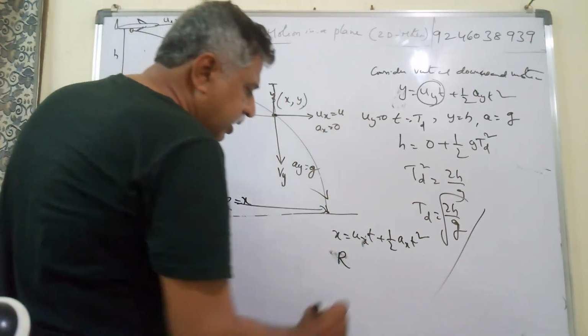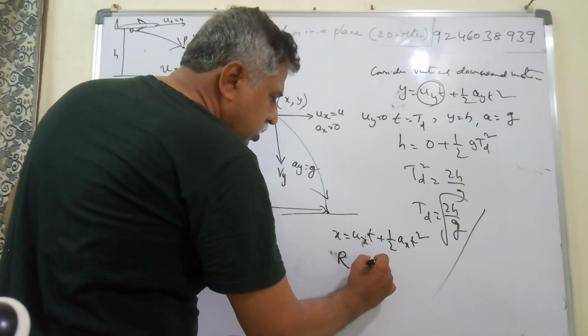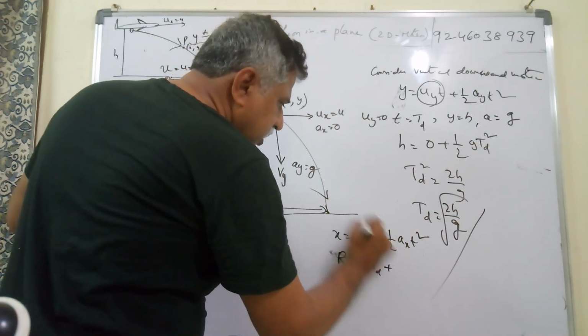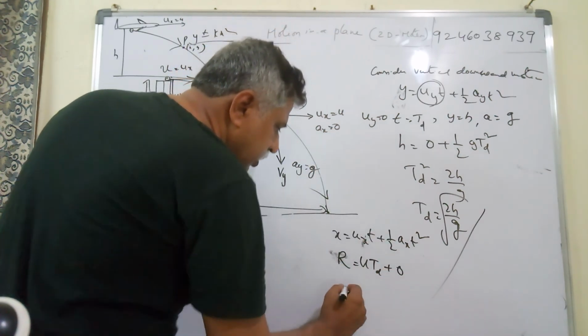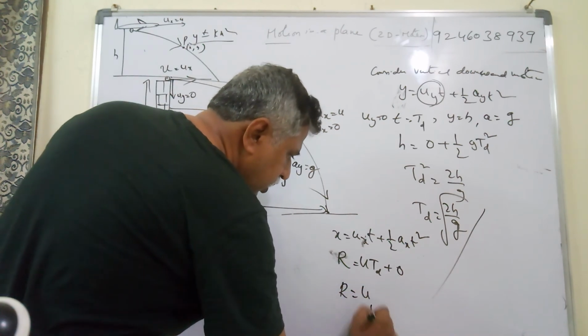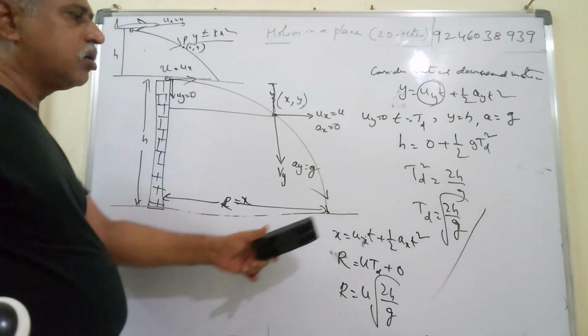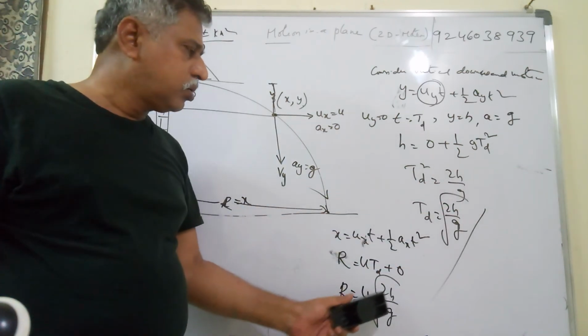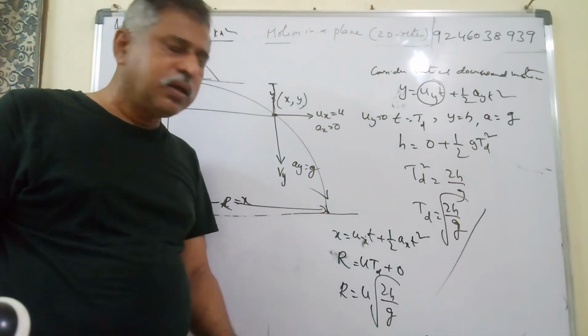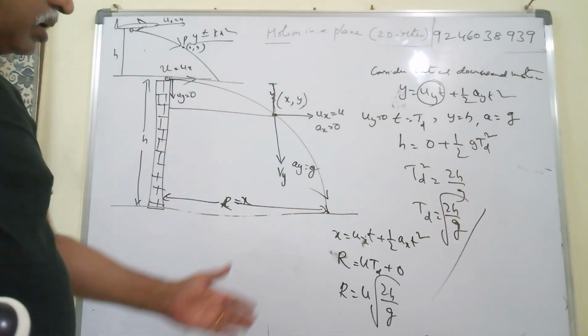So r is equal to u td plus half ax td square, and ax is 0. That is why r is equal to u into root of 2h by g, since td is root of 2h by g. This is our range.